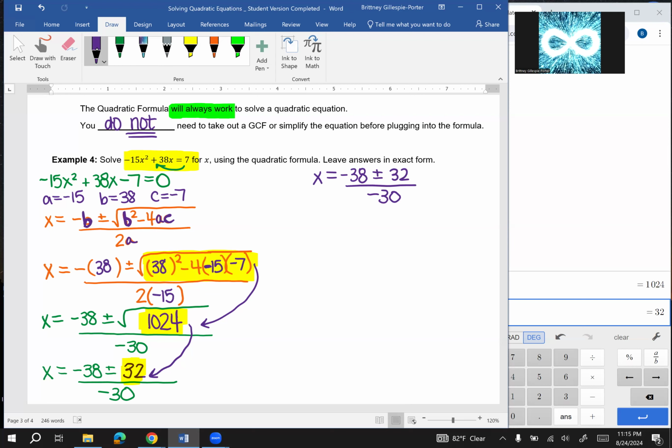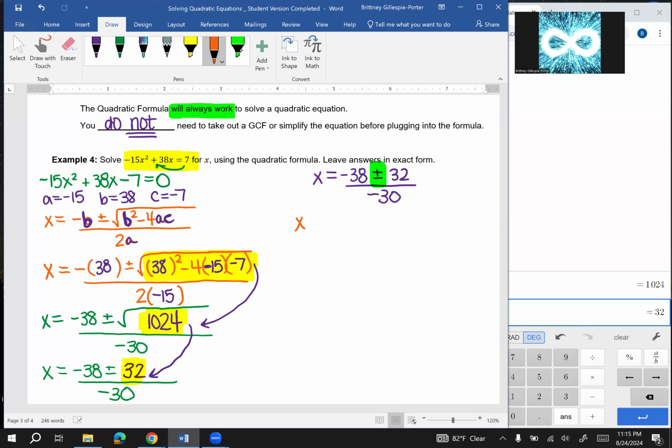So we have x is equal to -38 plus or minus 32 all over -30. If you remember when we did the square root property, whenever you had plus or minus and like terms, notice that the 38 and 32 can be combined. You're going to break it into two separate answers.